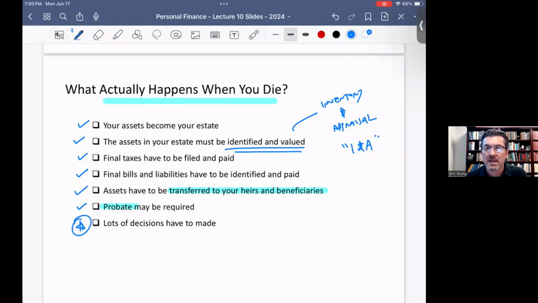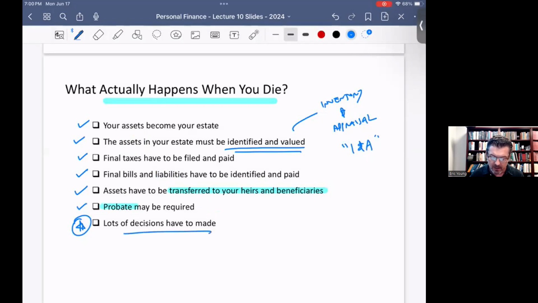If you handle your estate plan well, you will have put together a series of documents that lay out all of your assets, that list all of your liabilities, that tell who you want your remaining property transferred to, that help navigate through probate, and critically, that name somebody that you trust to handle this process for you when you can't.